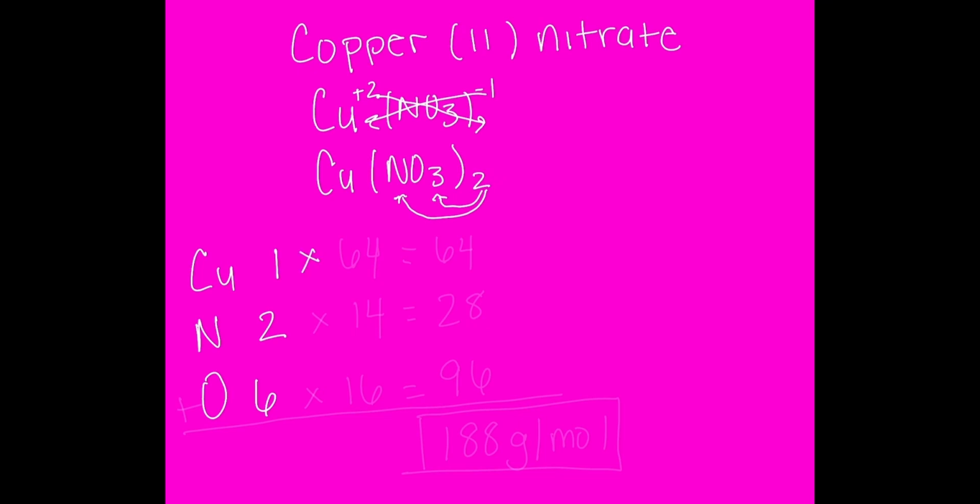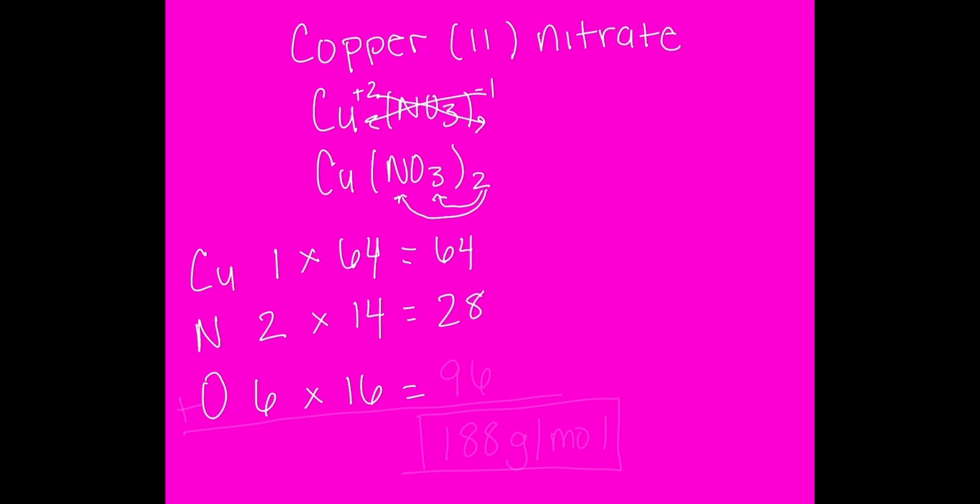Now I'm going to multiply these numbers by my atomic mass. Copper has an atomic mass of 64. Nitrogen has an atomic mass of 14, and oxygen has an atomic mass of 16. 1 times 64 is 64. 2 times 14 is 28.